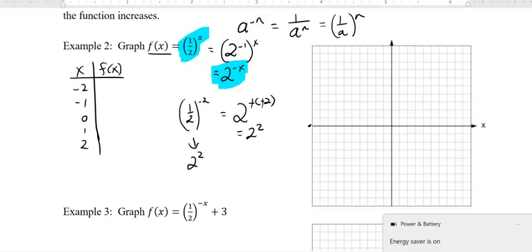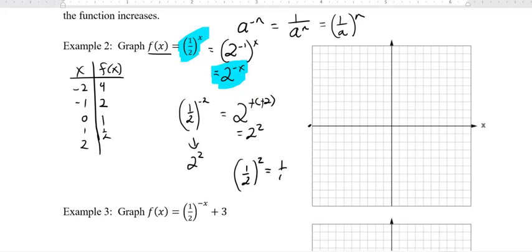So just to show you that they're the same, 1/2 to the -2, or 2 to the -2, is 4. 1/2 to the -1 is 2. 1/2 to the 0 is still 1. 1/2 to the first power is a half. What's 1/2 to the second power? That's 1/2 times 1/2, or 1/4.